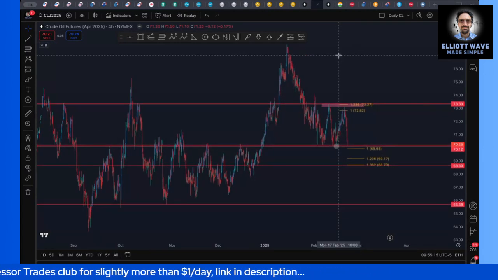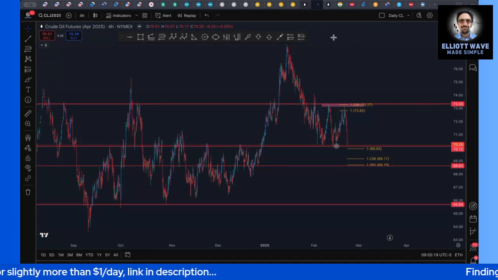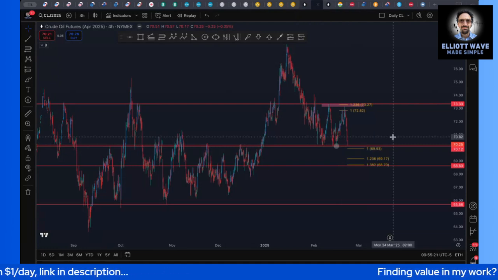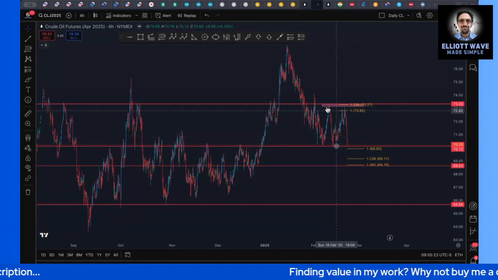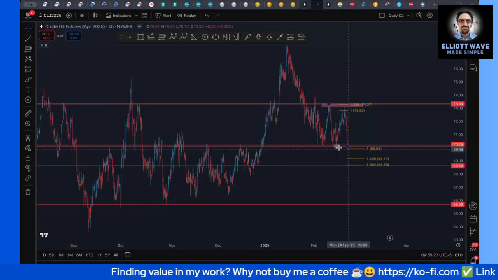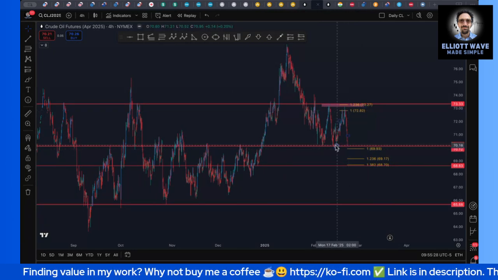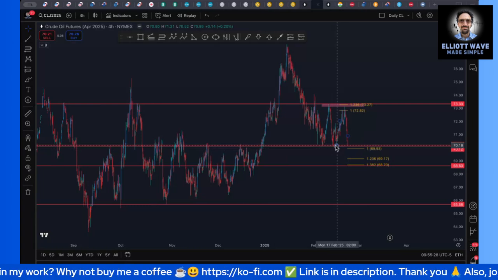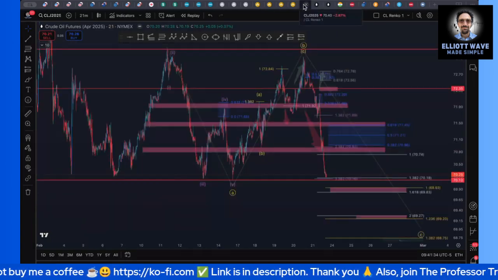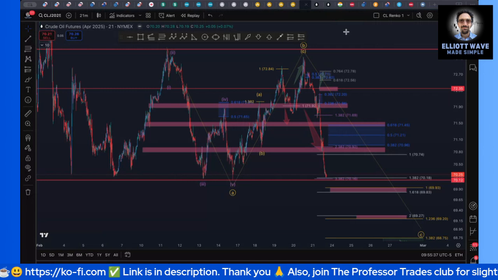So now what I'm interested in giving you is some parameters. You can see on this 4-hour chart, the idea is we're making lower highs, and this is a lower low, and it looks like we are about to break that, if we didn't already. Yeah, so we are right there.